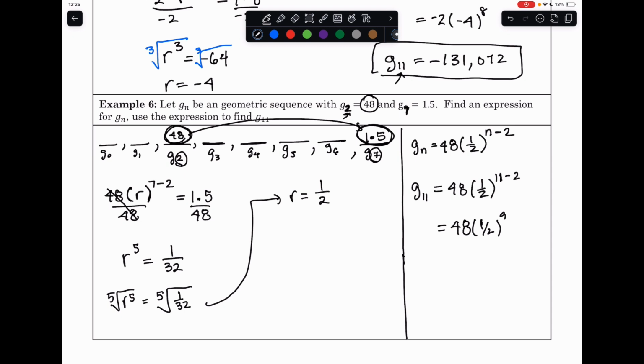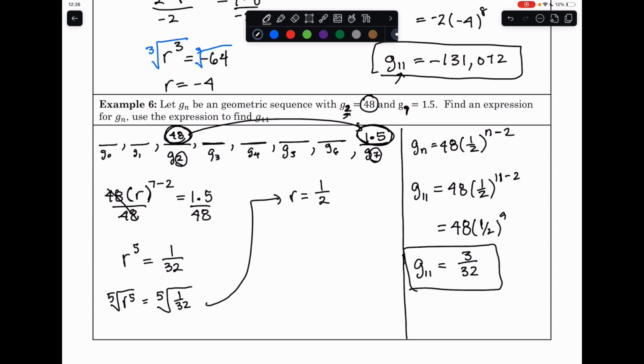So I have to raise 1/2 to the 9th power and then multiply that with 48, which equals the fraction 3/32. So that is your answer.